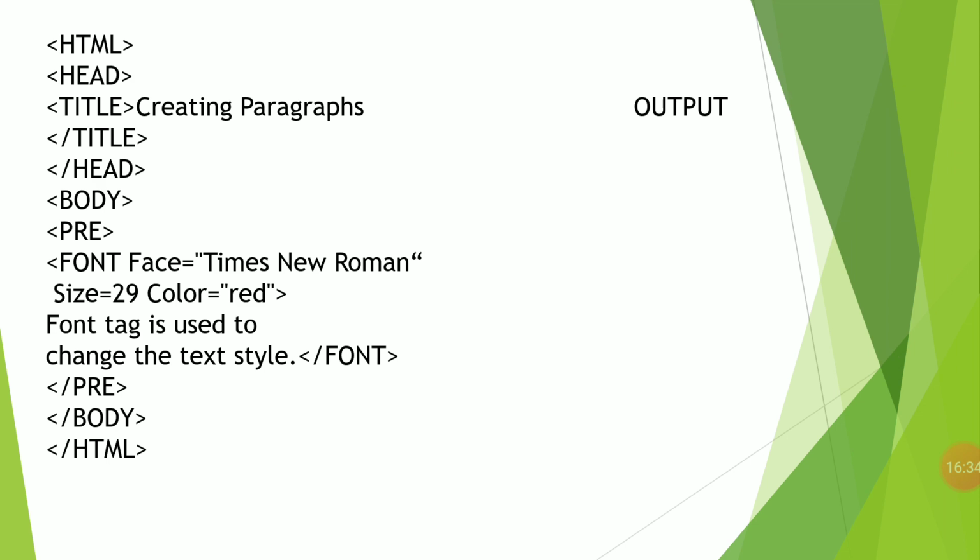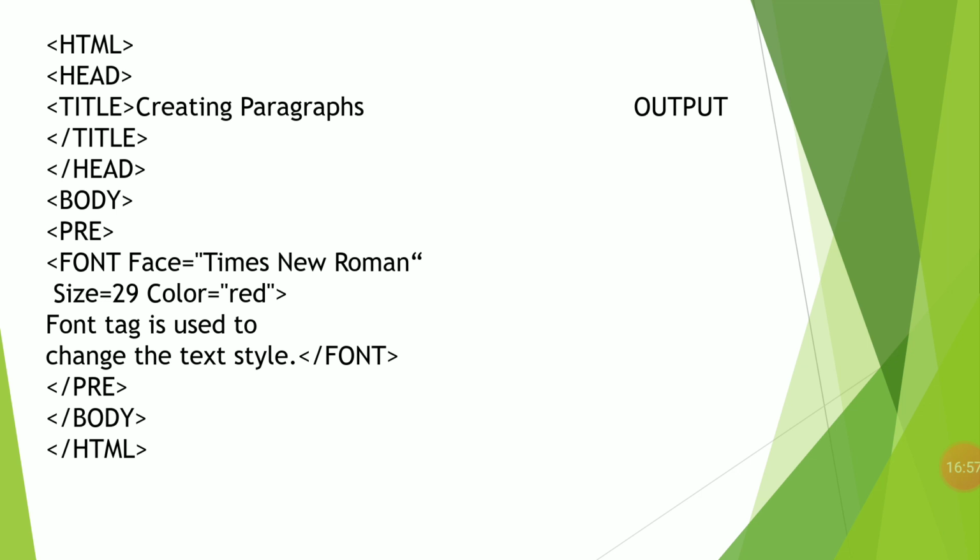Next, if we see the example, here I have used font face Times New Roman, size 29, color red, and inside I have written the text: font tag is used to change the text style, and at last I close that font tag.